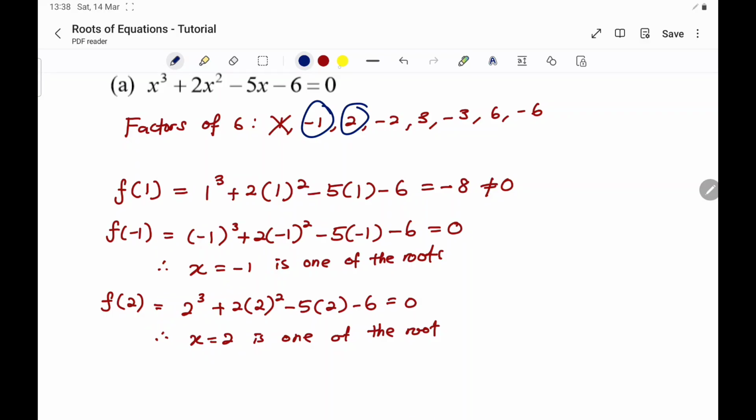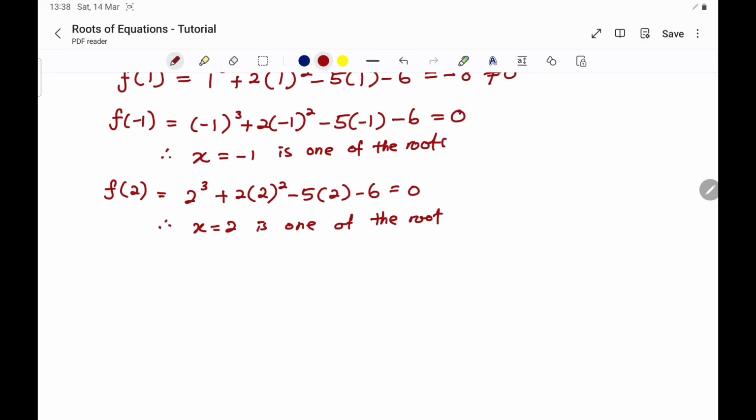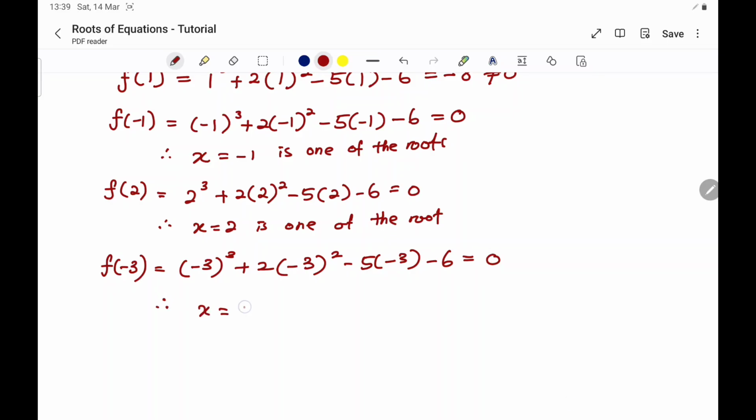Then another one we try, maybe we try f of negative 3. So substitute negative 3 cubed plus 2 multiply with negative 3 squared minus 5 multiply with negative 3 minus 6. You use a calculator, you're going to get equal to 0. So by right, x is equal to negative 3 is one of the roots as well.